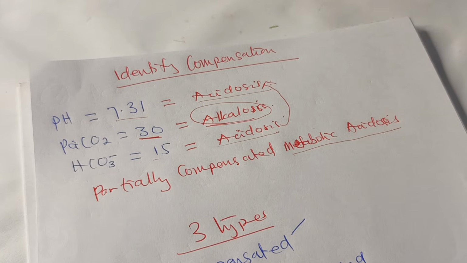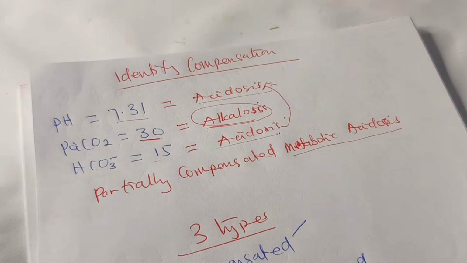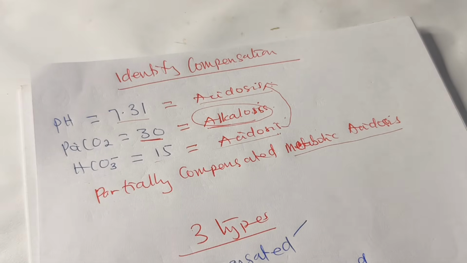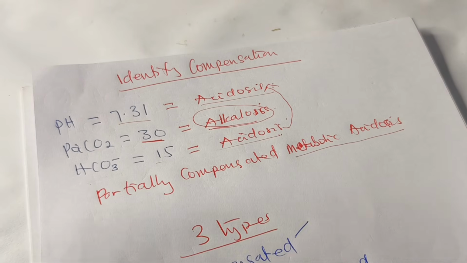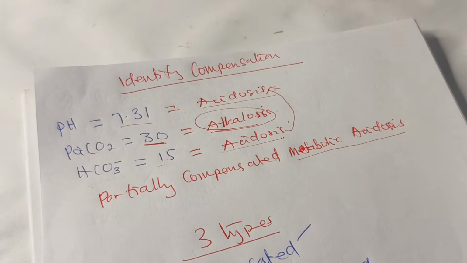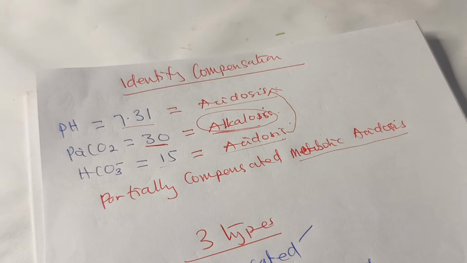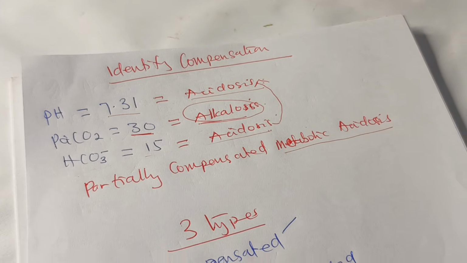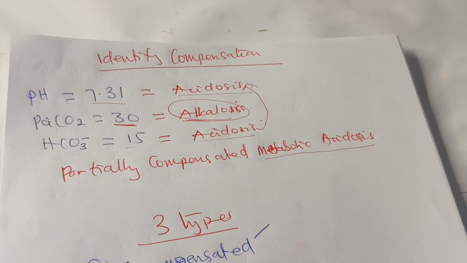So partially happens when the other system, which is not the original cause of the problem, also decides to respond. When the second system, which is not the original cause of the problem, has also responded in trying to solve the problem, however it has not been solved because the pH is still abnormal. That situation is where we have the partially compensated problem.